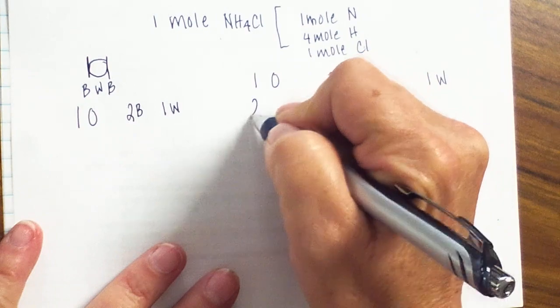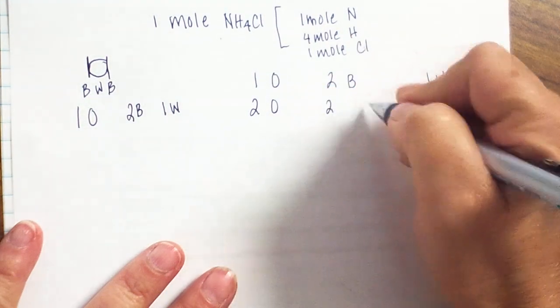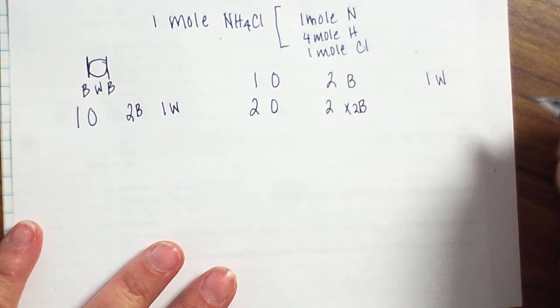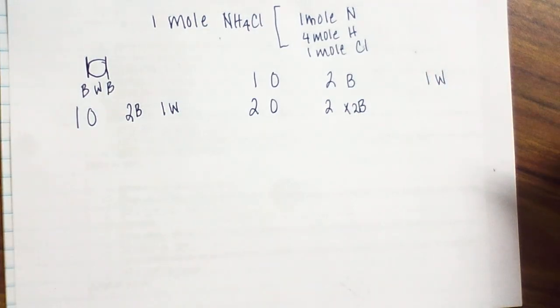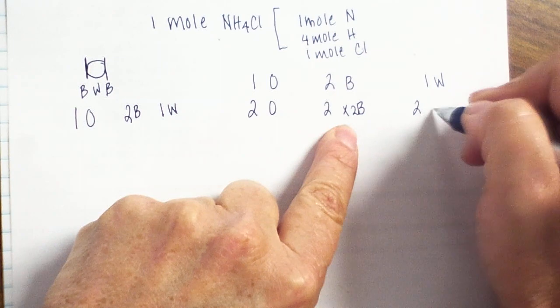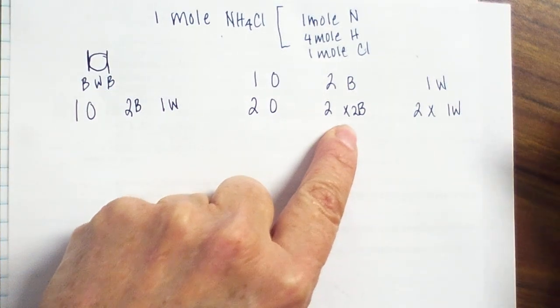And if I have 2 Oreos, I need 2 times the 2 black wafers, and then 2 times the 1 white creamy filling. Everybody see what I'm doing?